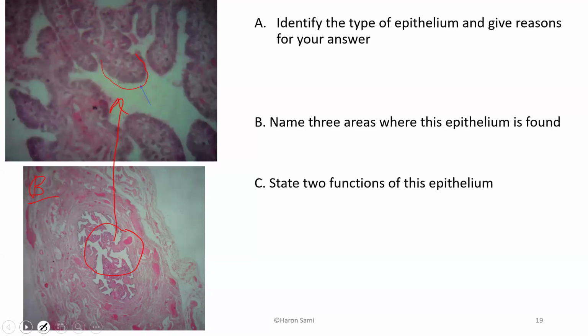Where else do you expect to find simple columnar? Jejunum, okay. Renal tubules. Where specifically in the renal tubule? You have to be specific.